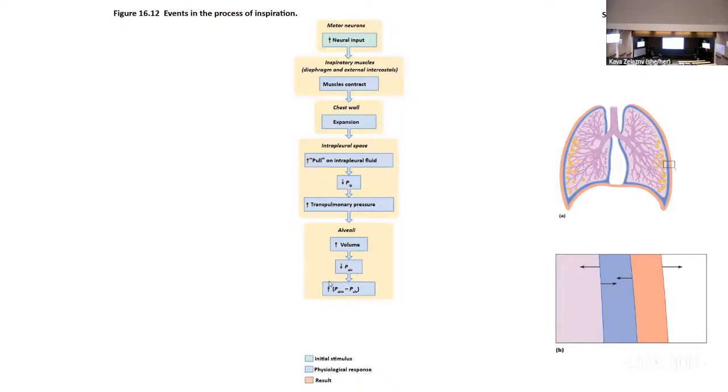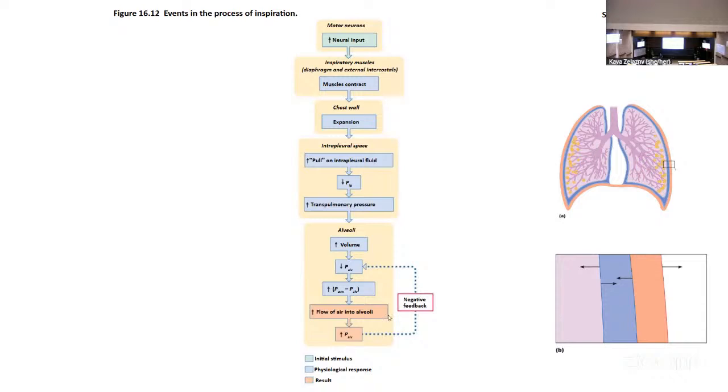So that's when we start to see this pressure gradient between the atmospheric pressure and that alveolar pressure. We have a bigger difference as we have this more negative alveolar pressure, which pulls air into the alveoli towards that low pressure we've created. Now we have gas molecules coming in, so we're starting to fill that expanded volume.